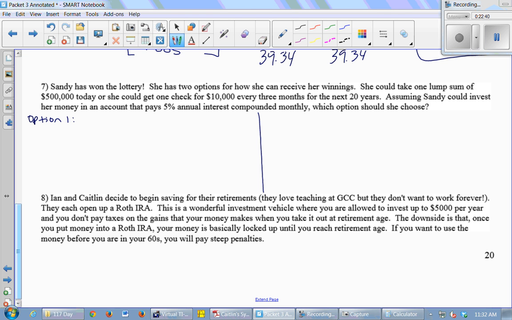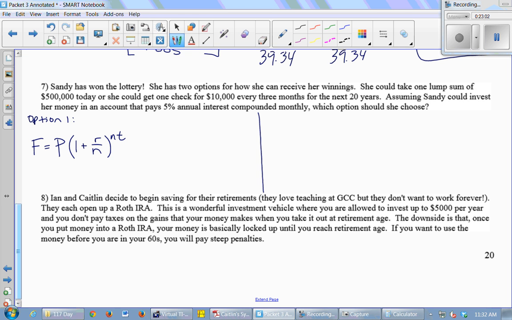Future value is present value times 1 plus r over n, to the nt. N is the number of times you compound per year, r is your interest rate, t is number of years, P is present value, F is future value.